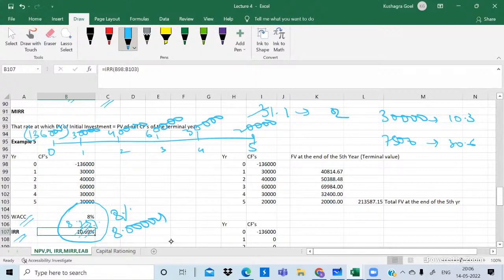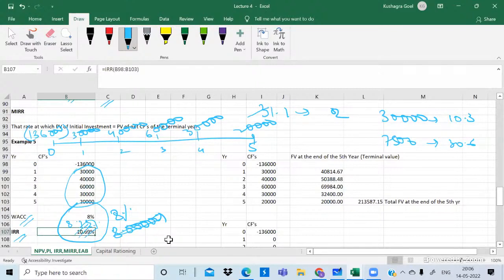In real life, please reject the project because of the risk involved, the uncertainty involved, because we don't know what will happen in future. I'm predicting that these would be my cash flows. My cash flows could go up and down, my market share could go up and down, my cost could go up, my selling price could go down, and therefore I want that buffer or cushion.